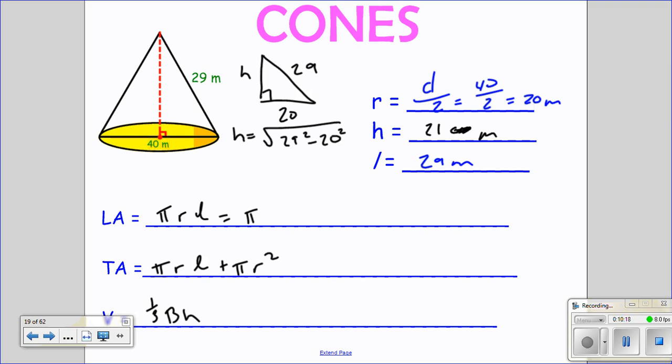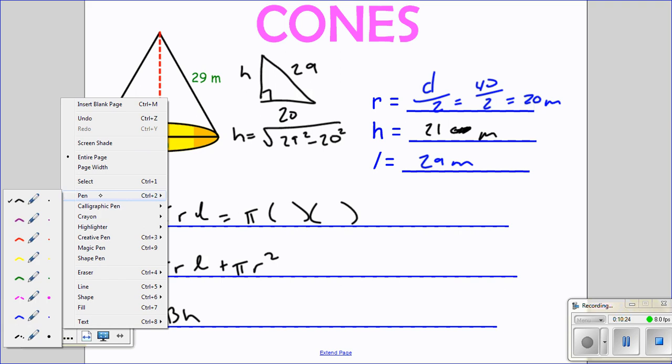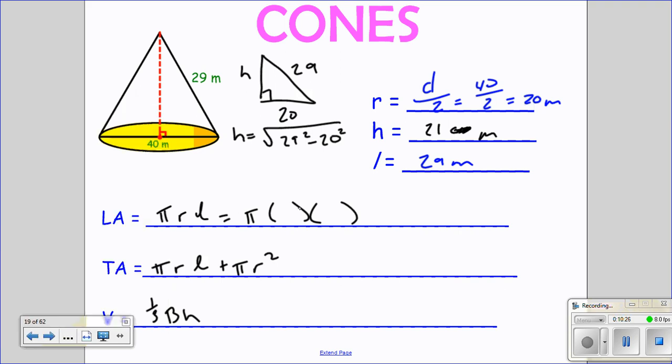So pi times our radius times our slant height. So our radius again was 20. Our slant height was 29. So let's multiply all of this together in our calculator.